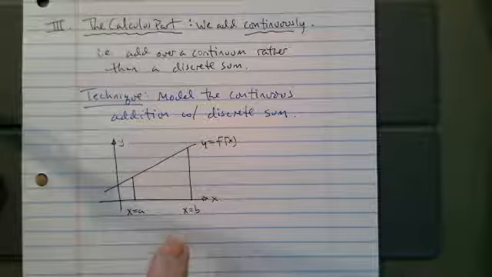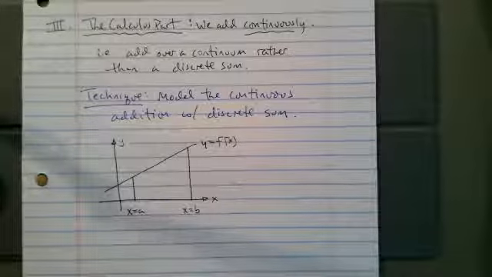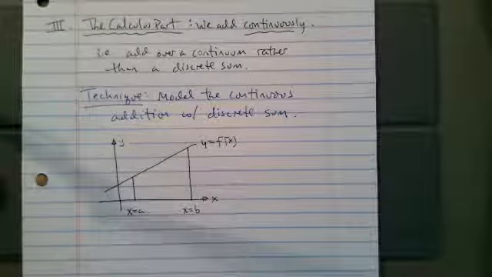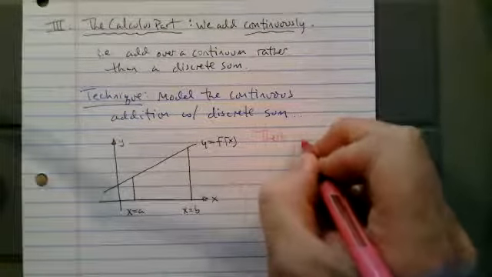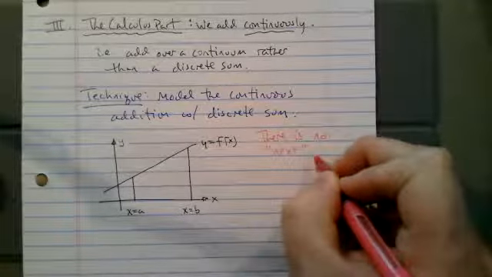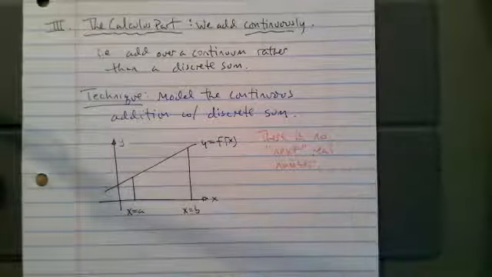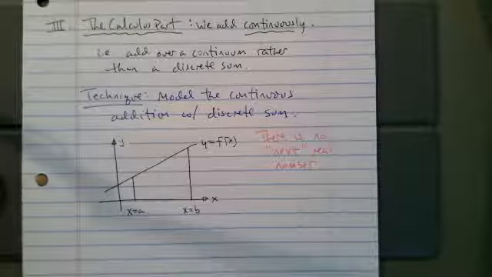So what we're going to do is model the continuous sum with a discrete sum. That's the nature of continuity.